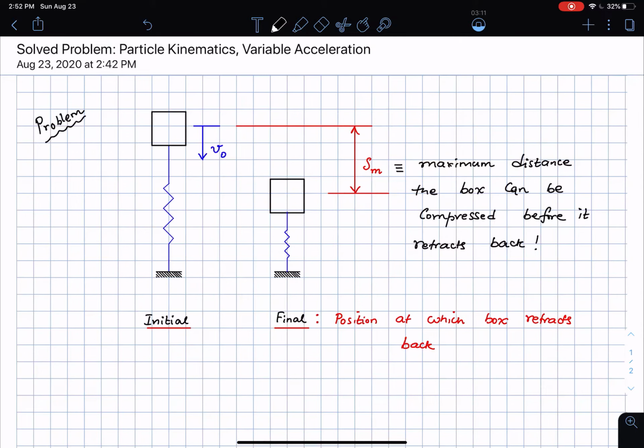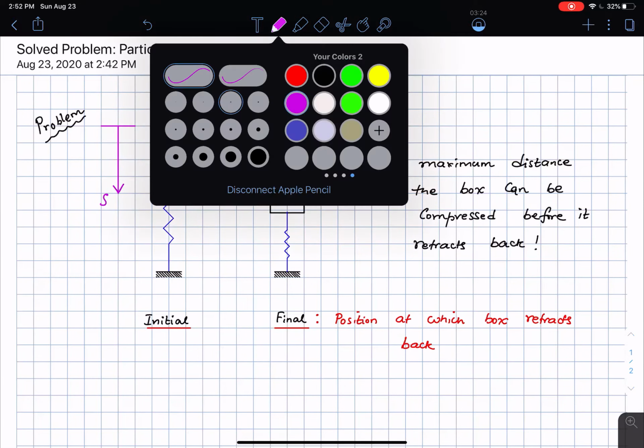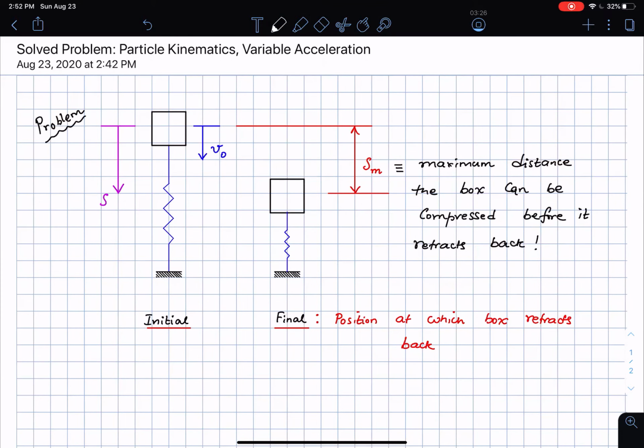So first of all we have a position coordinate here, which I'm going to label as s. So this is the position coordinate, and I'm going to call that s.